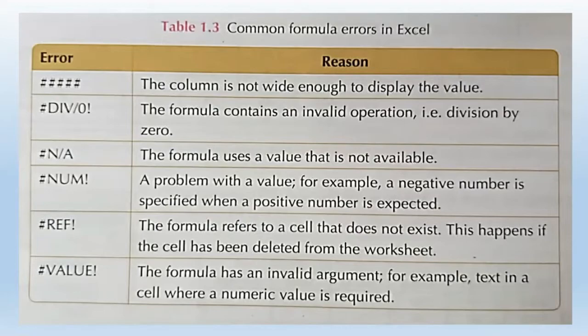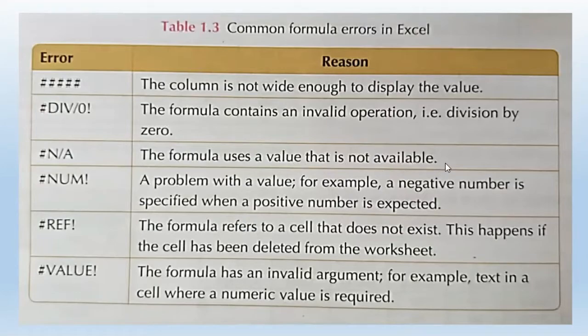It means that whenever we divide any value by zero, it will not generate a proper result. So the formula contains a division by zero, and whenever we divide any value by zero, it will show this type of error result. This type of error will be generated in the cell. Okay.